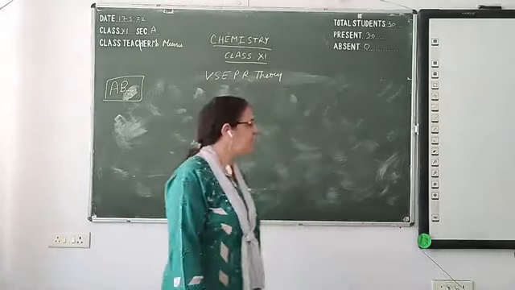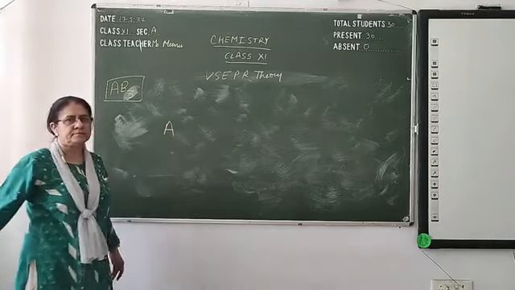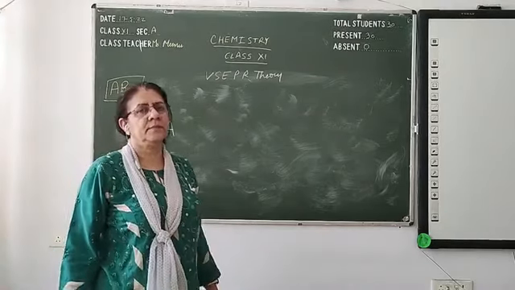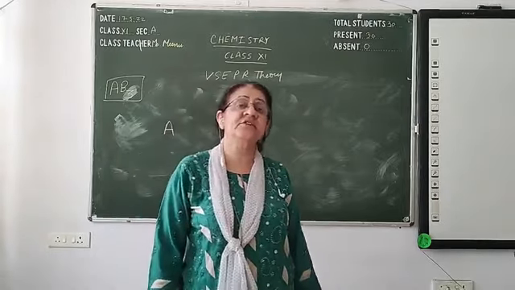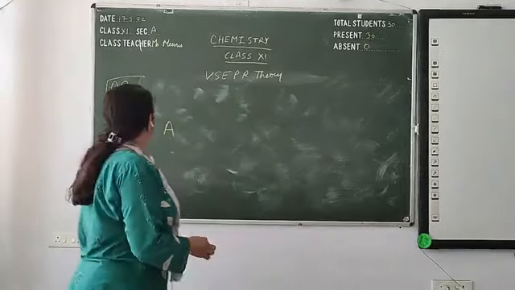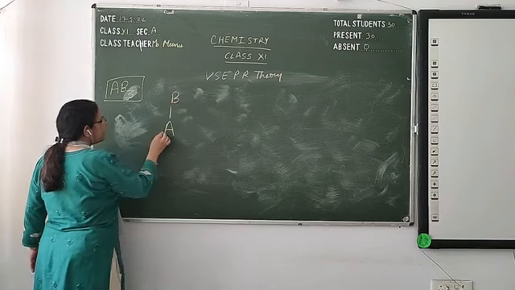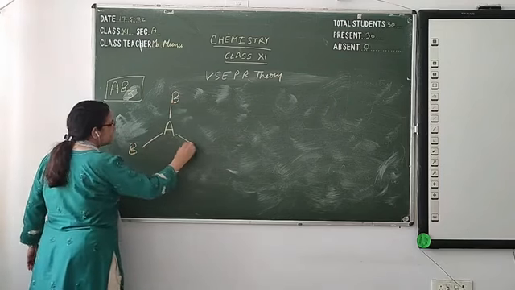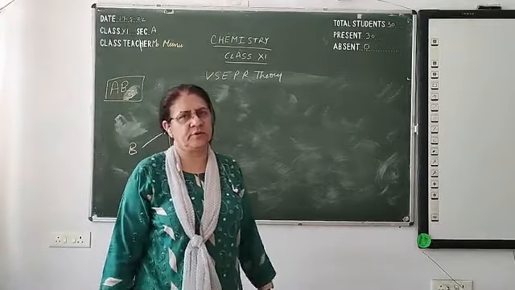The central atom here is A, and A is surrounded by how many B atoms? A is surrounded and bonded to 3 B atoms, and in this case the B atoms will try to stay as far apart as possible.